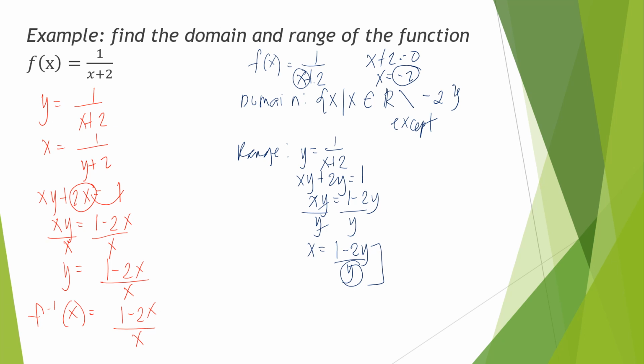So, meaning, the range is the set of all y such that y is an element of all real numbers except 0. Okay? So, 0 is not included, because if y is 0, it will make the function undefined. So, that is the domain of the original's image.